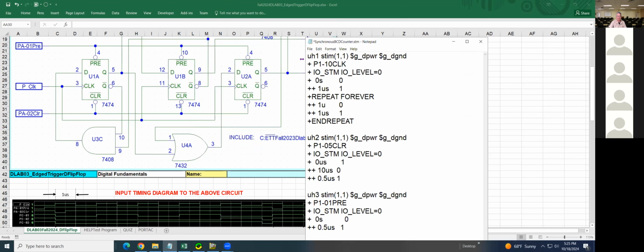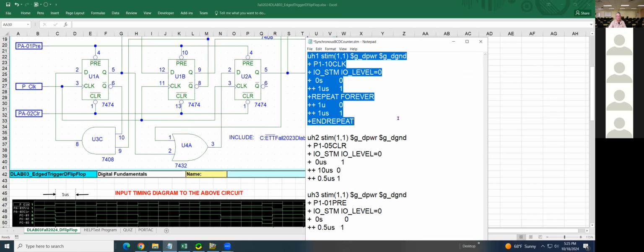You understand that is for the first one, US1. That's the first input, US2 second input, US3 third input. Okay, we make corrections with what we get in the lab.